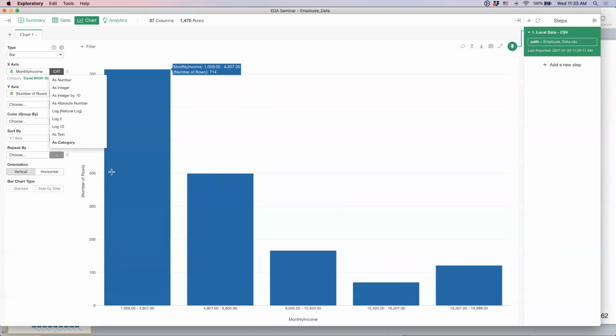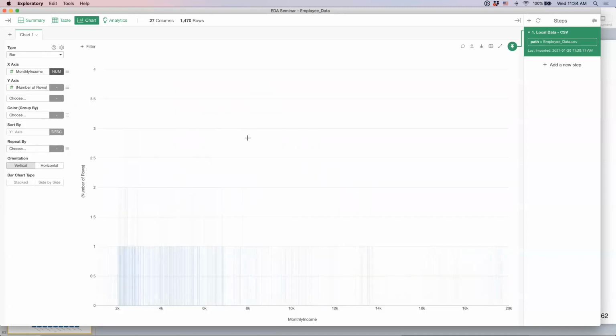Monthly income is the salary, which I think is our goal in this analysis, by the way. Now it's $1,000 to 1,800 or something. But again, we want to do the same thing we did for age. Instead of the category, we want to present it as a number. So I can change that to as number, and then the chart becomes something like this.